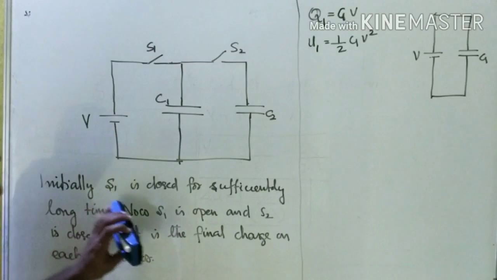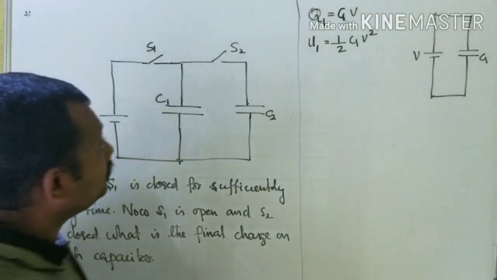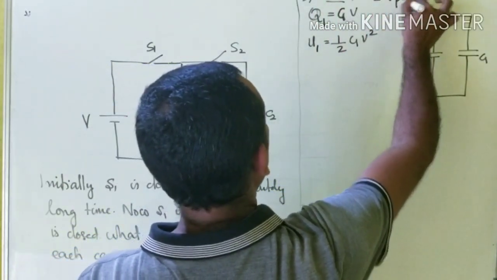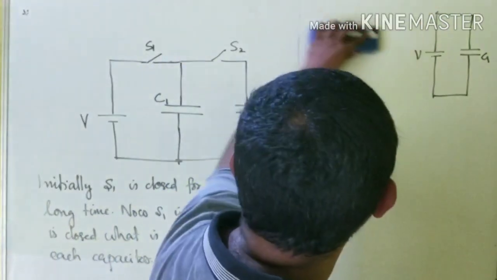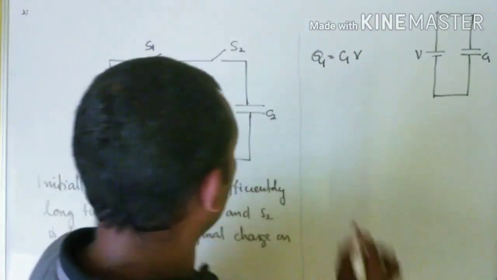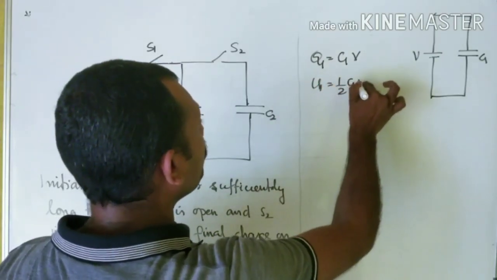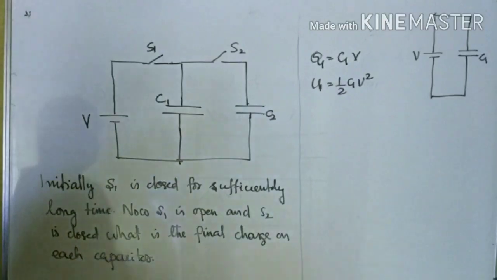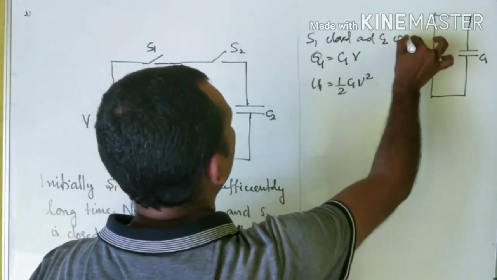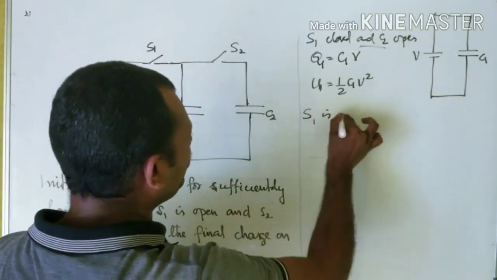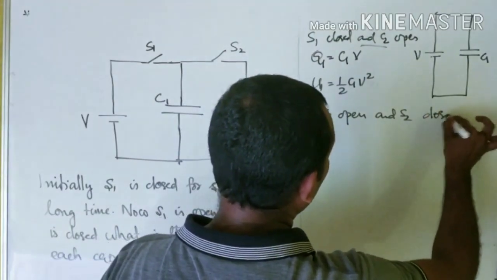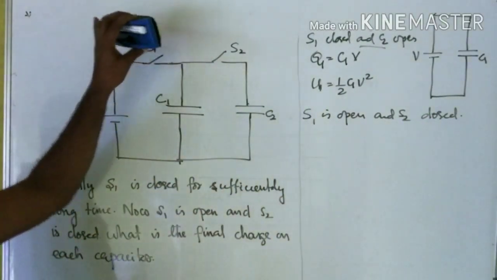Now S1 is open. Earlier, S1 closed and S2 open gave Q1 equal to C1V and potential energy U1 equal to half C1V square. Now S1 is open and S2 is closed.